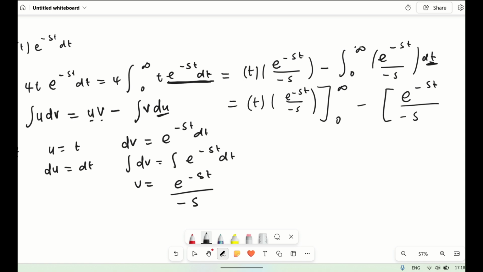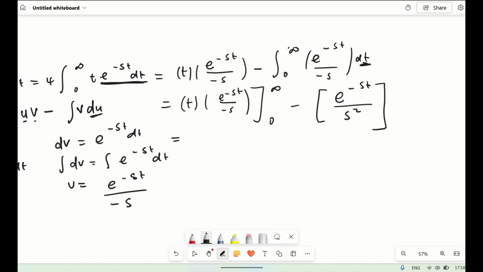So now I'm going to divide again by negative s, so that means it's going to be positive. It's going to be positive s squared because I have divided by negative s again. I hope we understand each other.